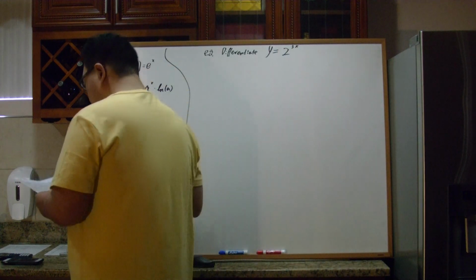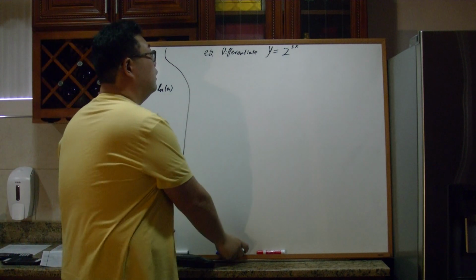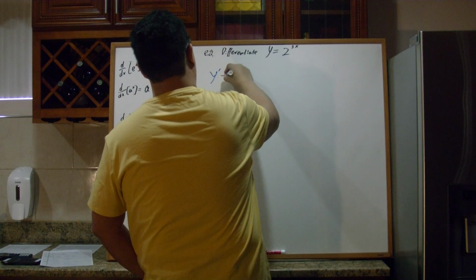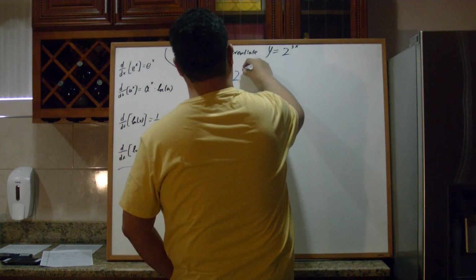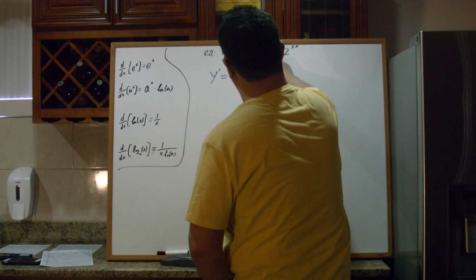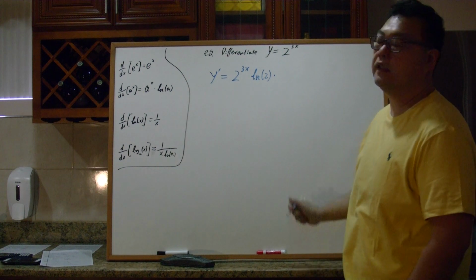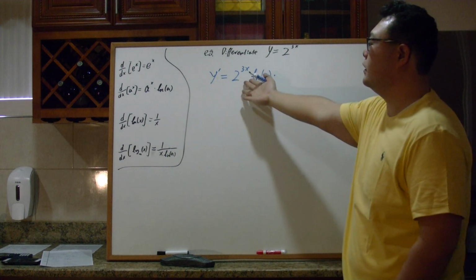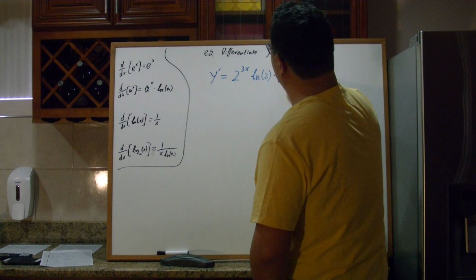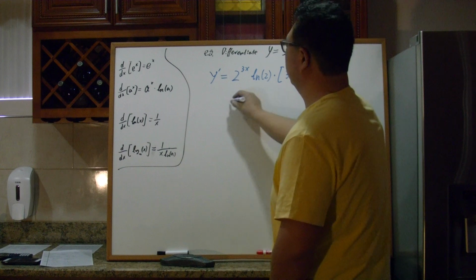So to differentiate 2 to the 3x, we get y prime to be 2 to the 3x multiplied by ln 2. Alright, that's the first thing. The derivative of an exponential function is the exponential function itself times the natural log of the base, multiplied by the derivative of 3x, since that's a composite function.